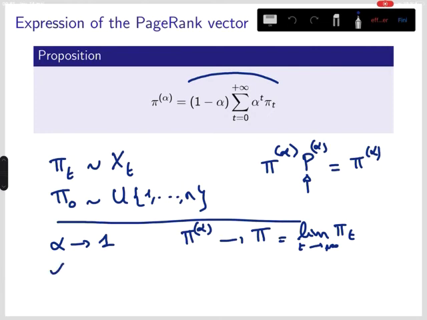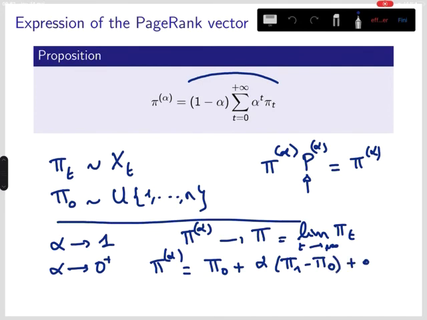Now there's another limiting case which is interesting. When alpha tends to 0, what happens is that pi of alpha would be pi of 0 plus alpha times pi 1 minus pi 0 plus small o of alpha.